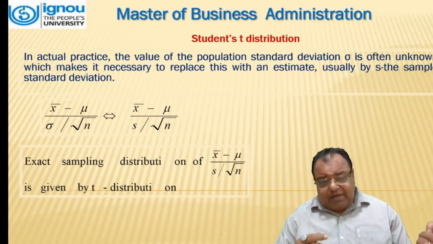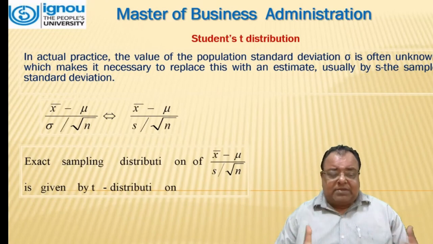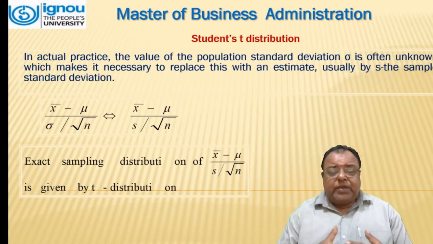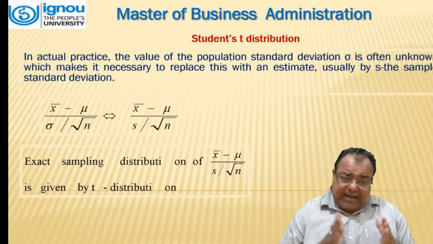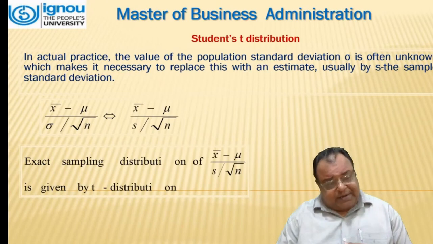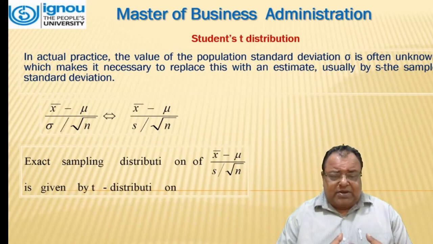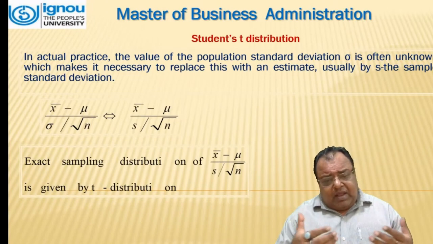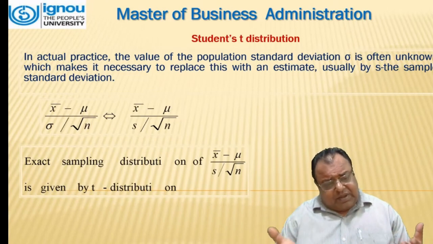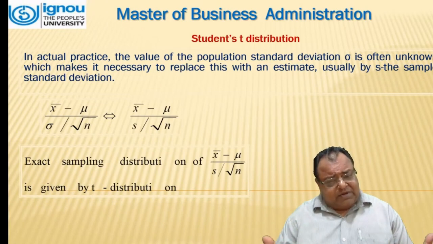In place of sigma, we are going to use S. The formula will remain the same: x̄ minus mu upon sigma divided by under root n will be changed to x̄ minus mu upon S divided by under root n. Exact sampling distribution is also used for the t distribution.